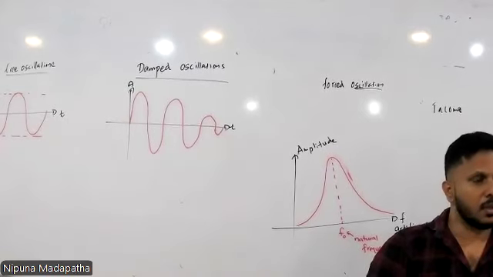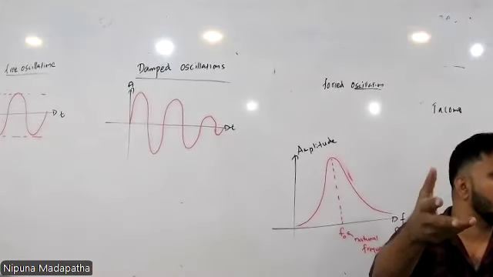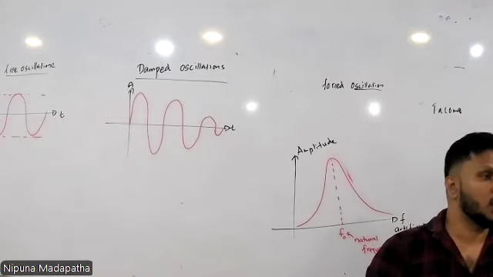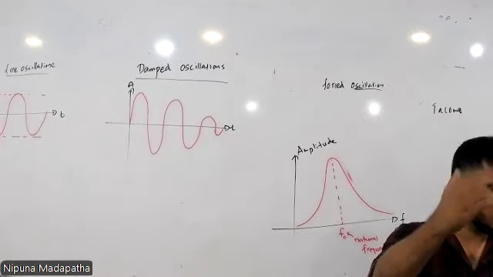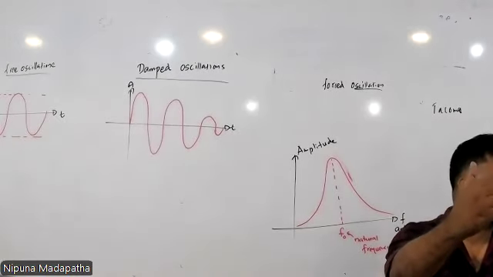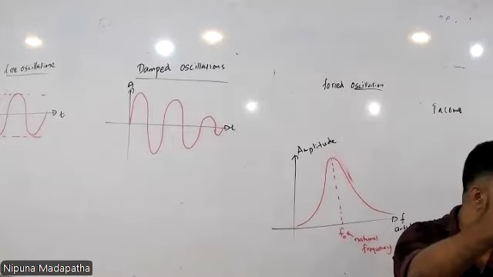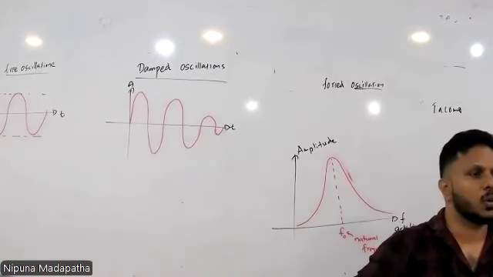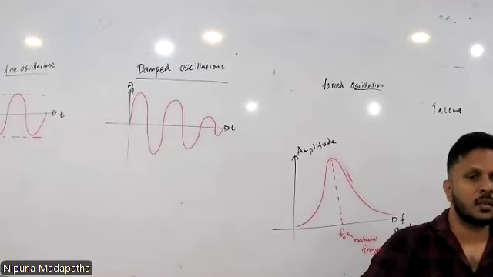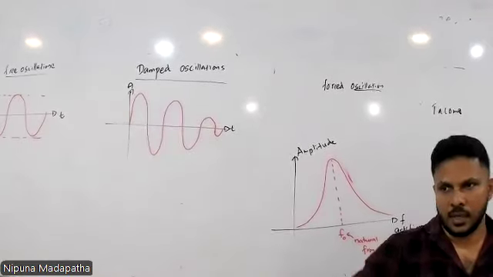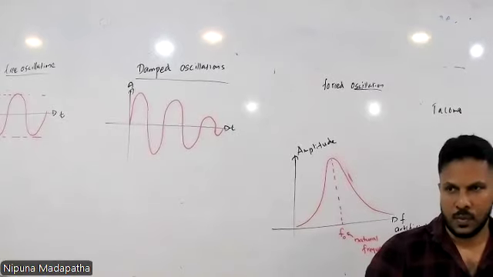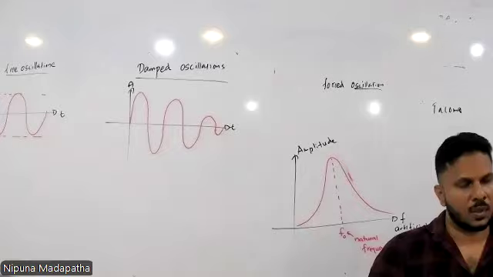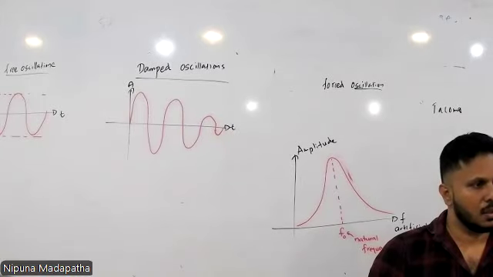The second natural frequency is known as the first overtone. The third highest is the second overtone, the fourth highest is the third overtone, and so on. We have a frequency series here.